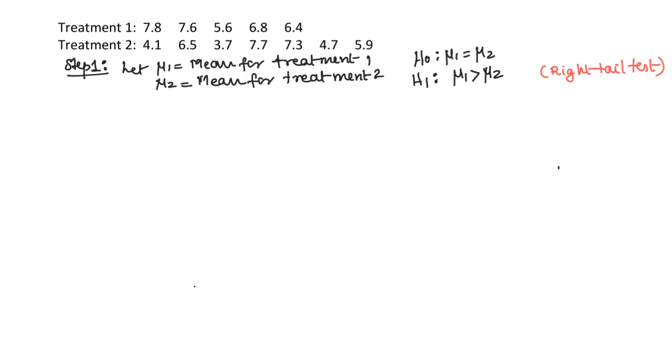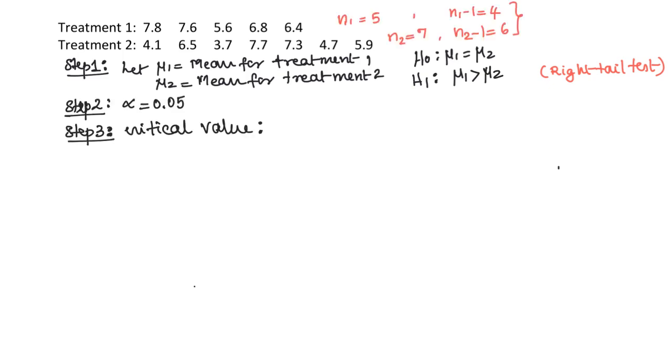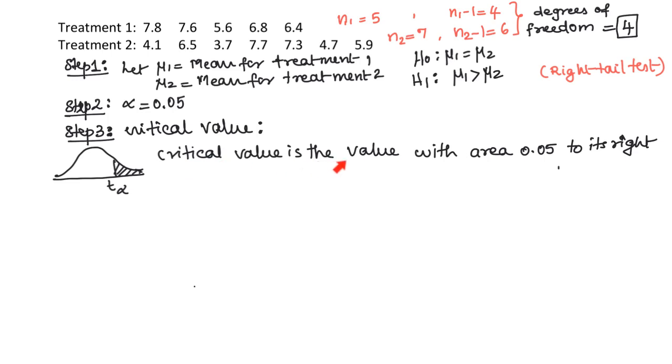Step 2, choose a significance level. So here the significance level alpha is given, alpha equal 0.05. In order to find the critical value, we need to find the degrees of freedom, and we will use table A3. Treatment 1 sample size n1 is 5, and treatment 2 n2 is 7. So n1 minus 1 is 4, n2 minus 1 is 6. Degrees of freedom is the smaller of these two numbers, so degrees of freedom will be equal 4. Critical value is the value with area 0.05 to its right.